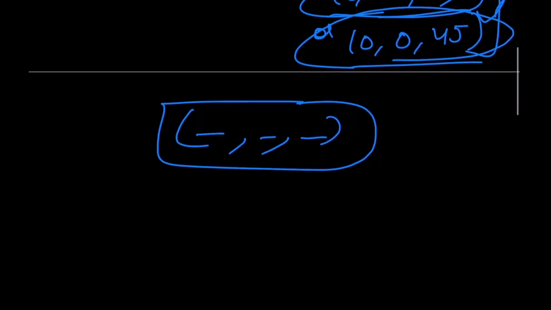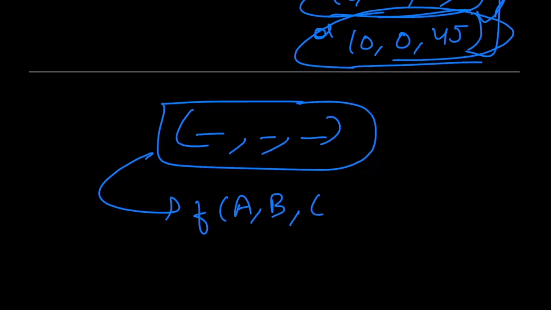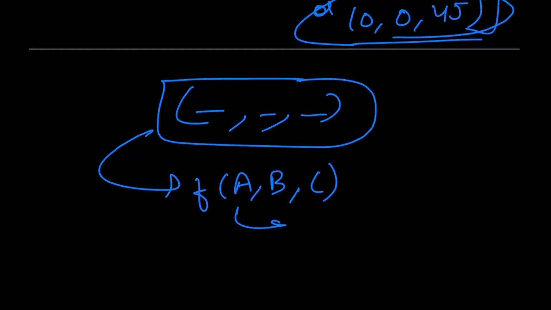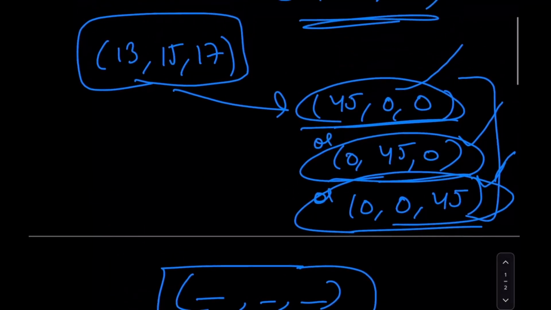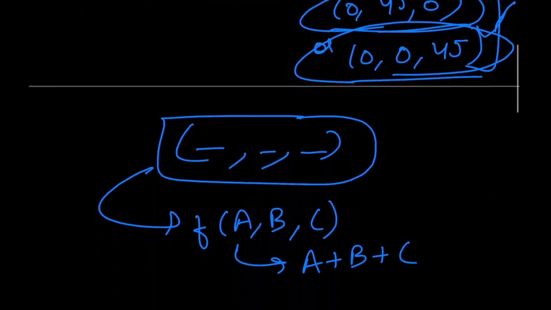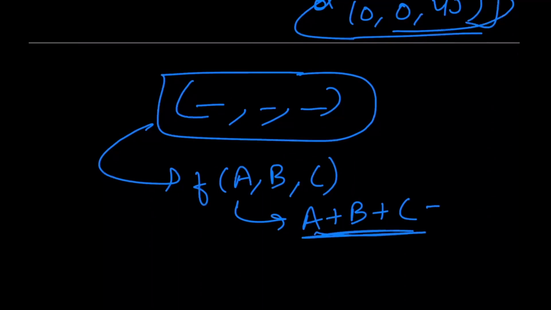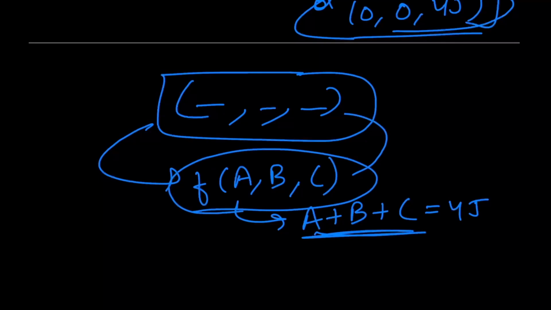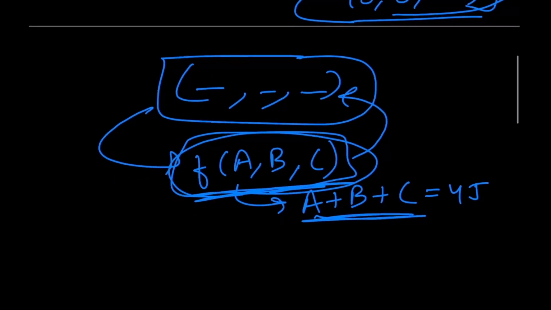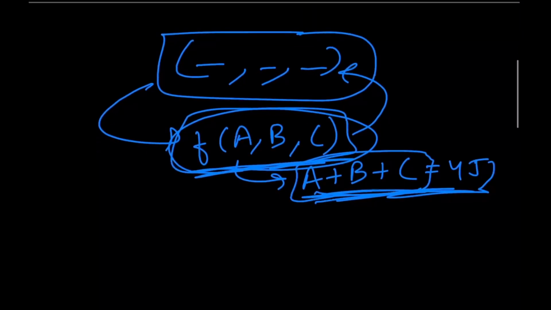For example, we could take the property of the state, which I'll denote by a function f of a comma b comma c, to be the sum a plus b plus c. If you notice the way the transitions work, the summation of a plus b plus c is always equal to 45. So this property f of a comma b comma c, defined as the sum of all three numbers, is constant and is always equal to 45.